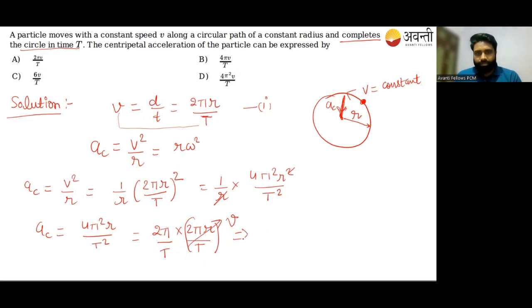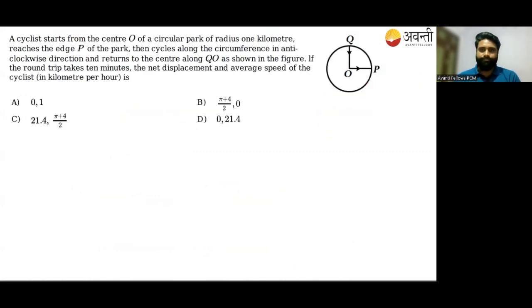So here we get acceleration is equal to 2 pi v by capital T. So this is the expression for the centripetal acceleration. Okay. So option A is correct. It is 2 pi v by T. I hope you got this. Move on to the next question.